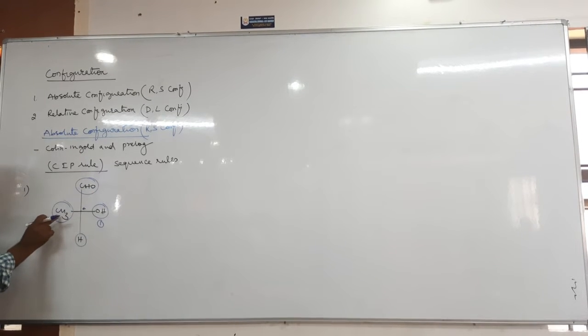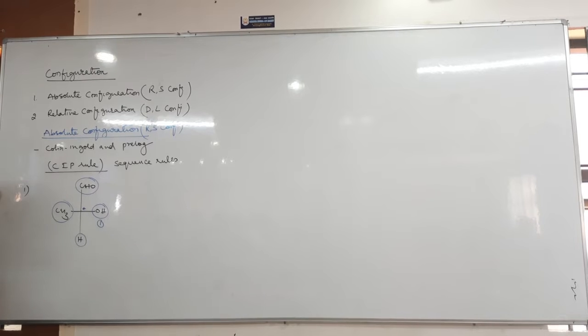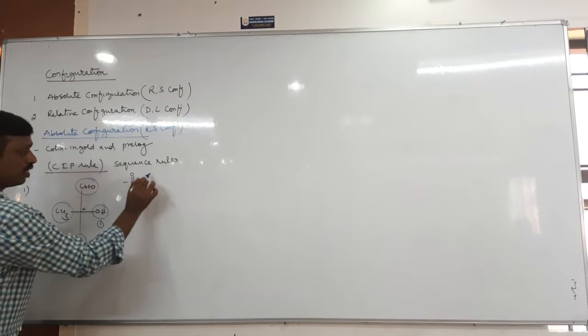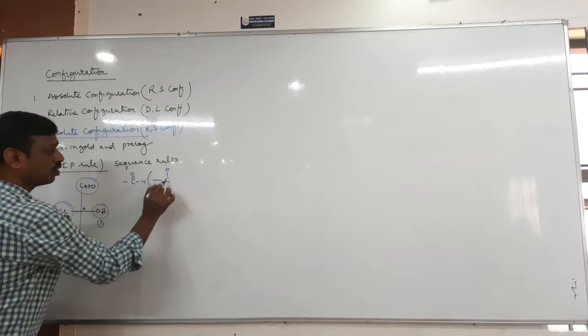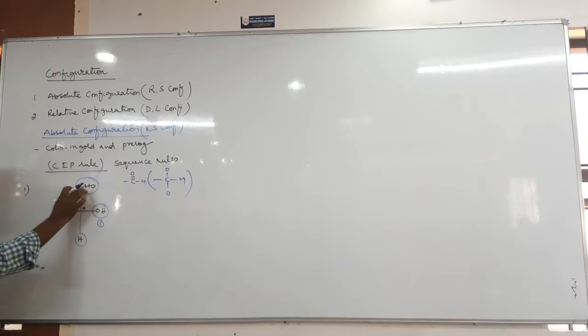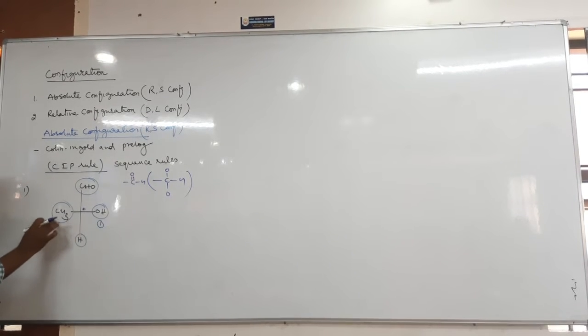If the asymmetric carbon is attached to the same atoms, then see the next atom for priority, same rule. What is the next atom here? 3 hydrogen. This is actually an aldehyde group. The aldehyde group can be taken as 2 oxygen, 1 hydrogen, while the methyl carbon has 3 hydrogen.